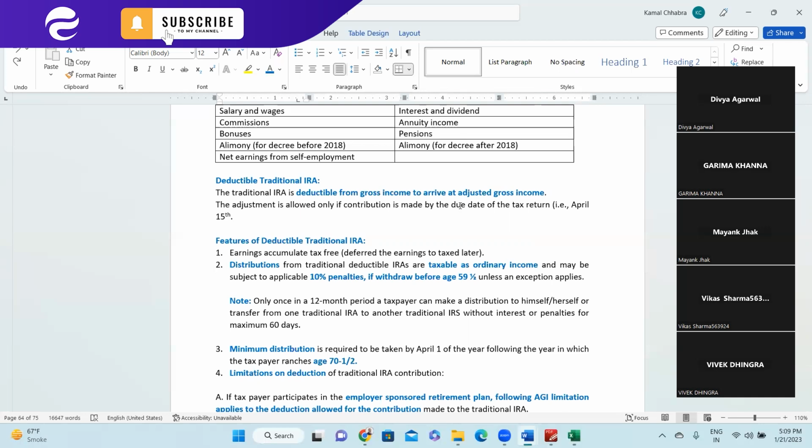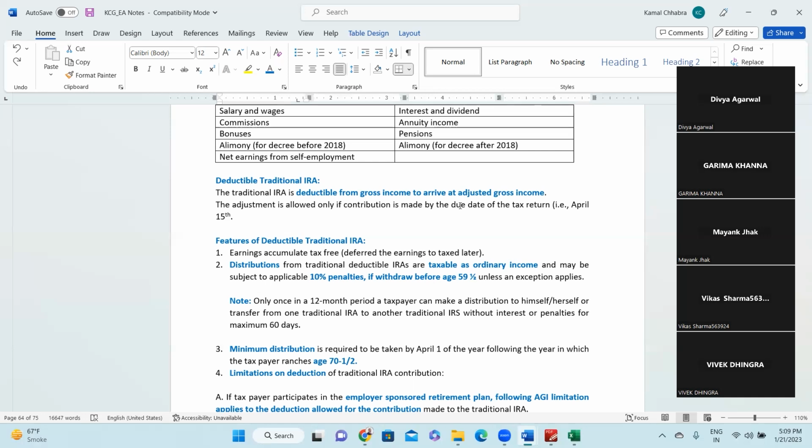And the due date of filing for an individual is April 15th of the following year. So you need to deposit the contribution on or before the due date to consider it as a deduction.